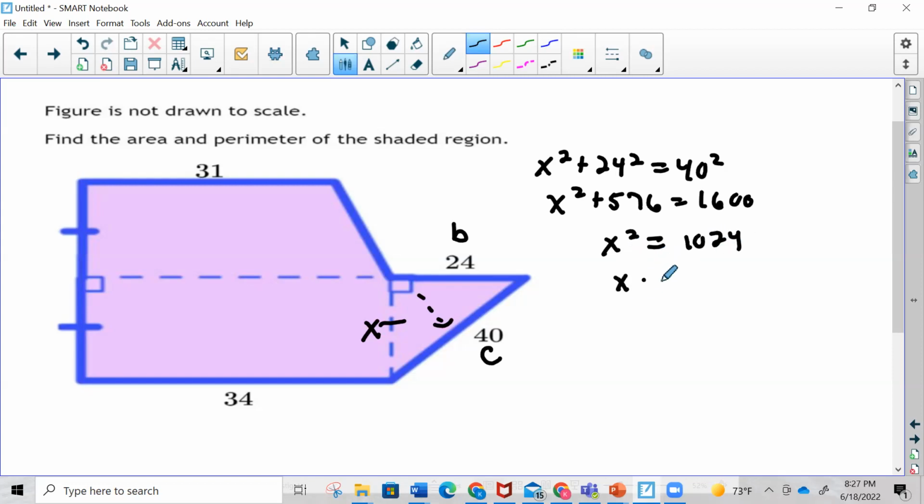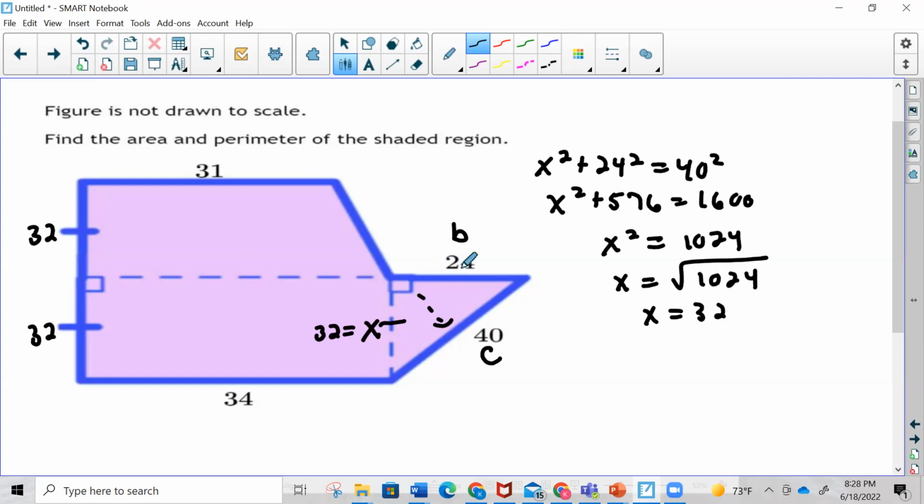And then remember, to solve this, we take the square root. Okay, and that gives me 32. So I know that this distance is 32. And then that means I also know that from here to here is 32, and then from here to here is also 32 because of the congruent marks. Okay, so we have that.